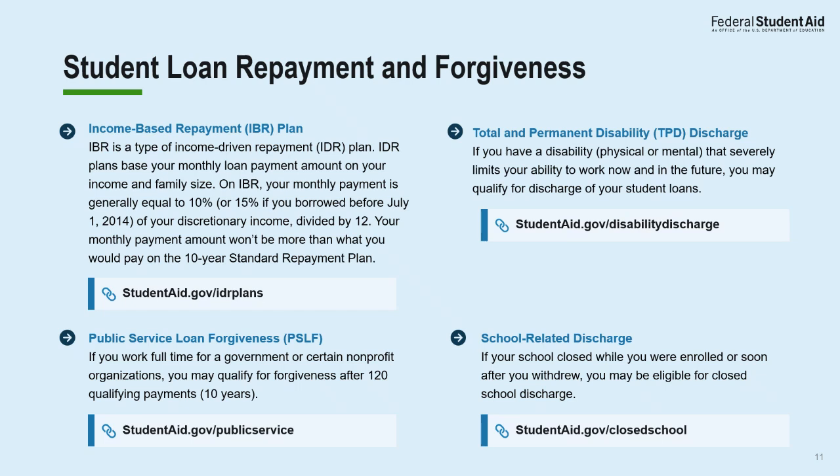Your monthly payments will never be more than it would be for a 10-year standard repayment plan. So if this sounds like something you're interested in, please, again, I encourage you to look more into the details and to apply using the now available IDR application.